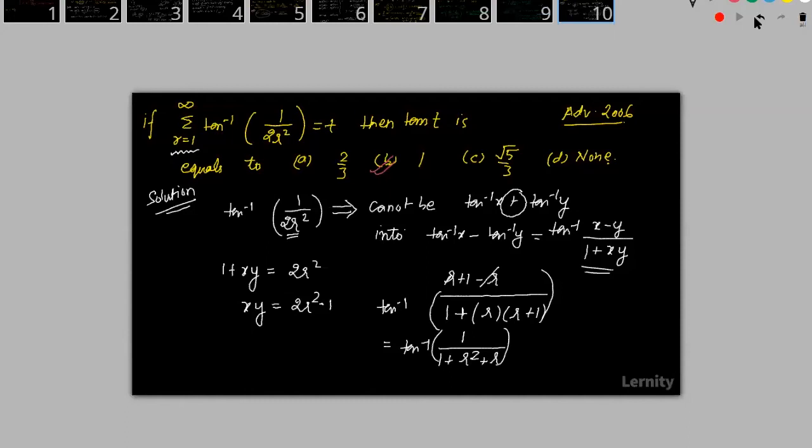We want 1 upon 2r square. So we should get only 2r square in the denominator. So what we are doing here is not correct. We cannot take r and r plus 1, so we have to take something else. Okay, so let's see. Here we have tan inverse of 1 upon 2r square.